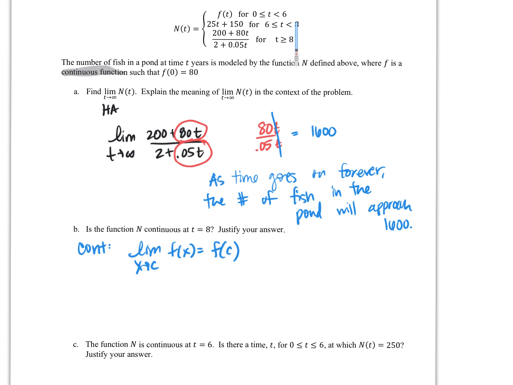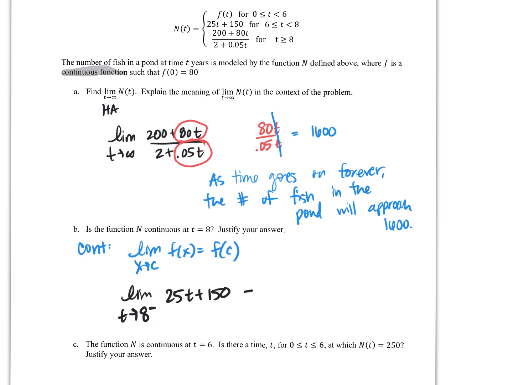You agree if I'm trying to find the limit, I have to do it from both sides. So I would start with the limit as, in this case, t approaches 8 from the left. Which function should I look at, middle or bottom? Left means less than, so I'm going to do 25t plus 150.